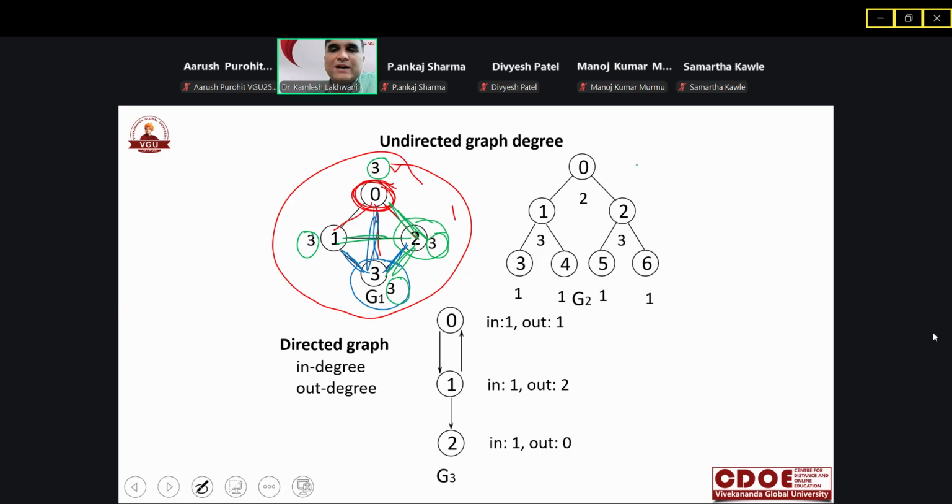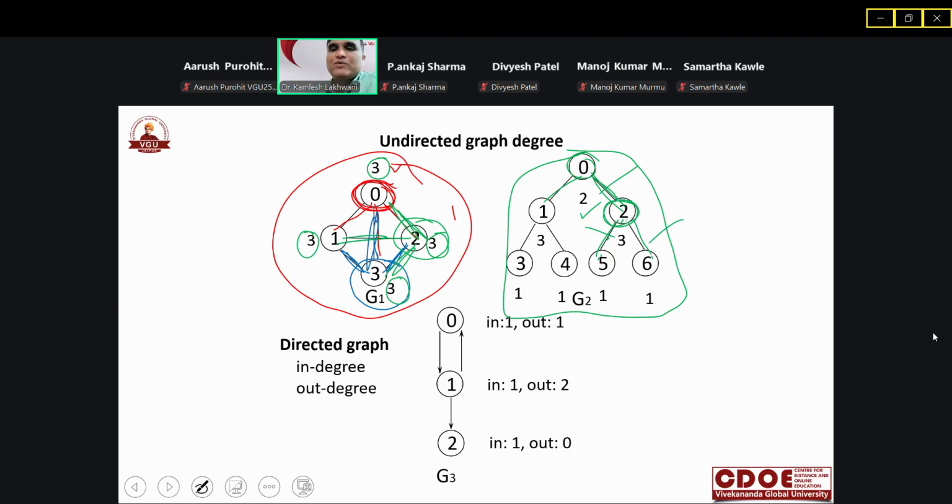In this graph, the degree of node 0 is 2 because it is connected with two vertices directly. The degree of node 2 is 3. Why 3? Because 2 is connected to 6, there is an edge between 2 and 5, and an edge between 2 and 0. So 2 is connected with 3 edges.